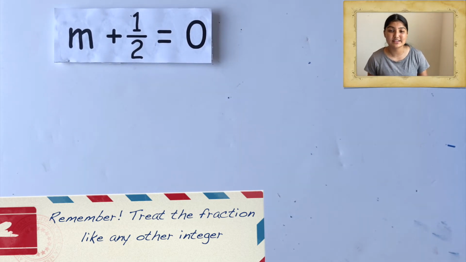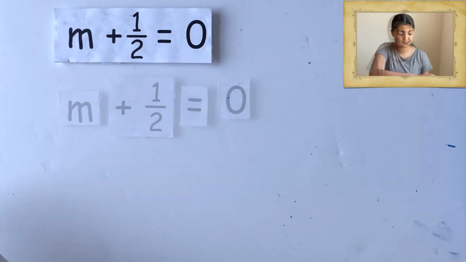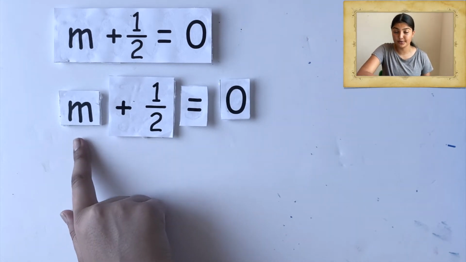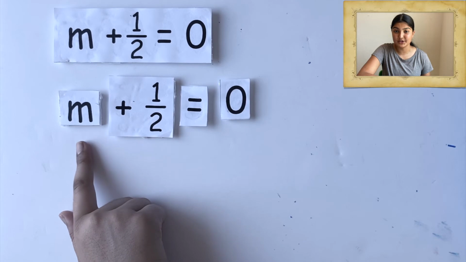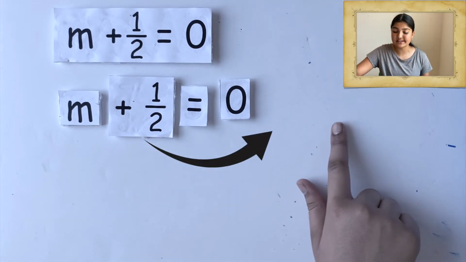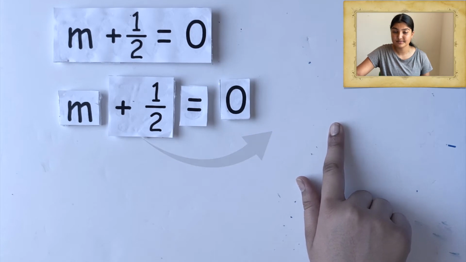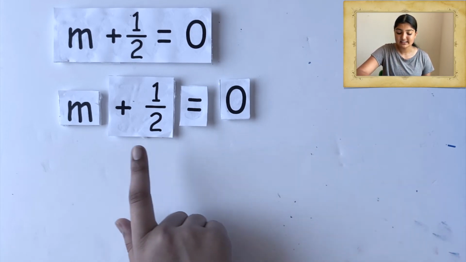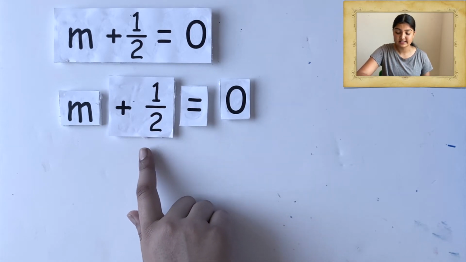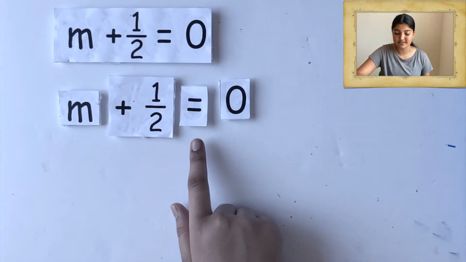So let's write this equation again. In order to keep m alone on one side of the equation, we must take everything else on the other side. So let's take positive 1/2 to the other side of the equal sign.